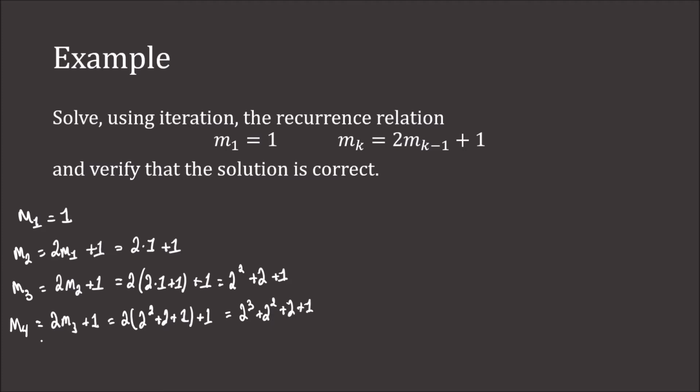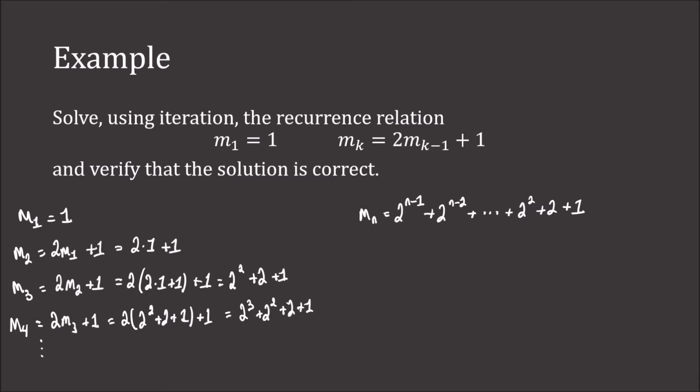And a general pattern has formed. Specifically, we're going to have m sub n is equal to 2 to the n minus 1 plus 2 to the n minus 2 plus so on and so forth plus 2 squared plus 2 plus 1.